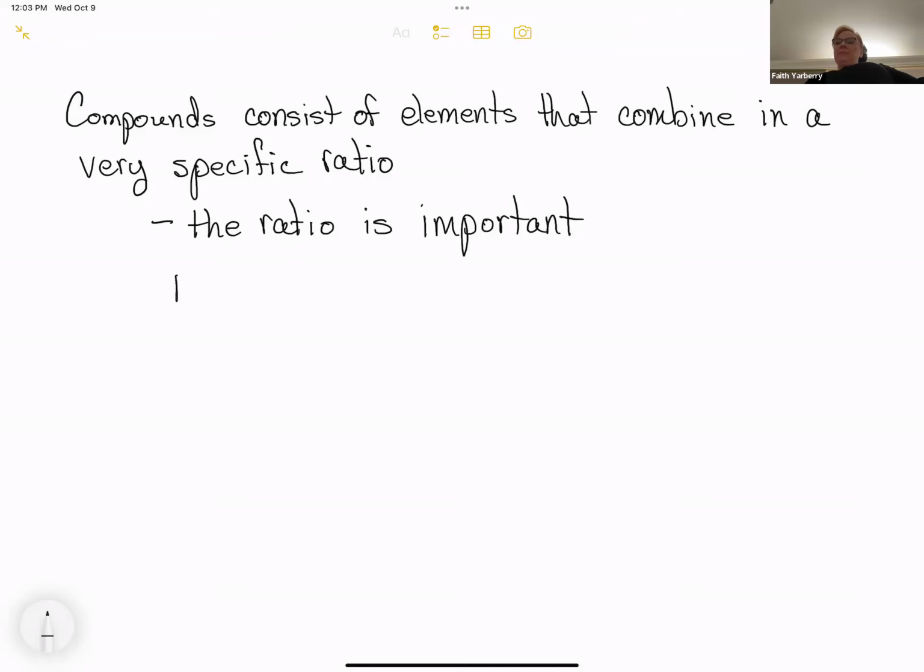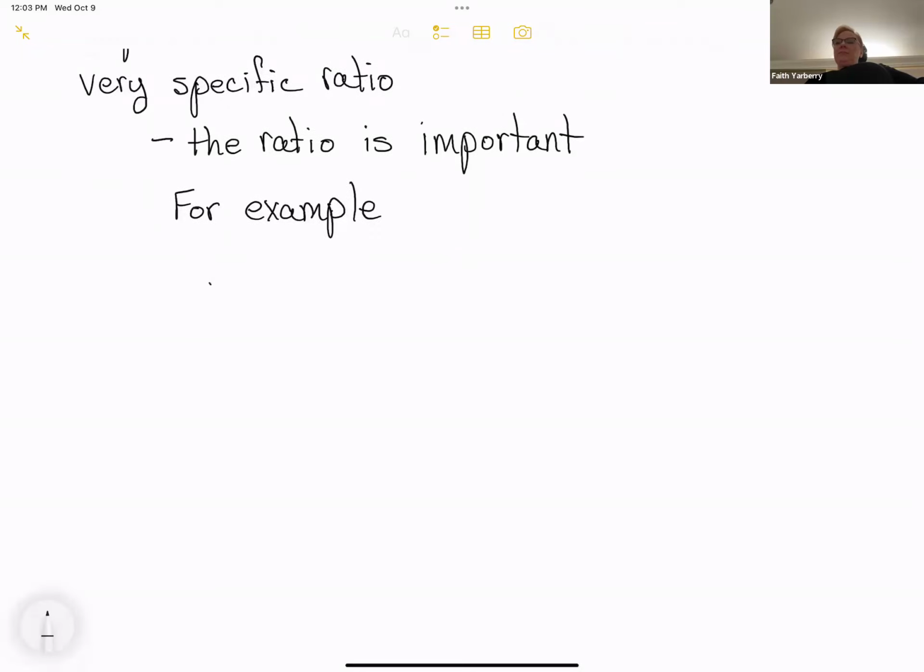For example, carbon can combine with oxygen in a 1-to-1 ratio, and it can combine with oxygen in a 1-to-2 ratio. This first one you might have heard of. It's called carbon monoxide.